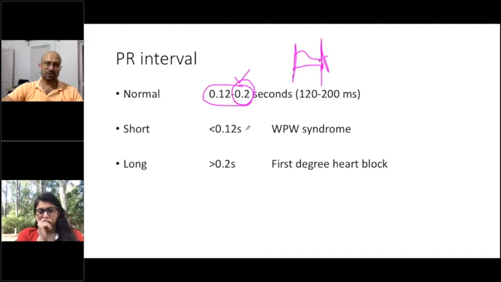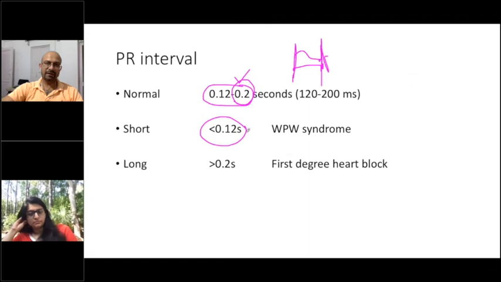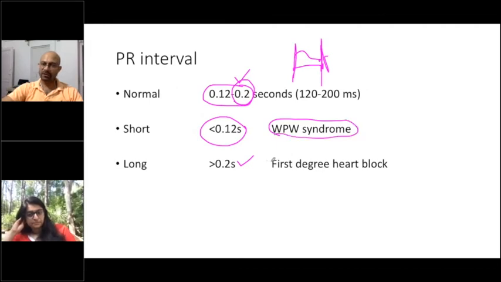So a normal PR interval should finish in one big square. A short PR interval is when it is less than 0.12 seconds, and a long PR interval is when it is longer than 0.2 seconds. If it is less than 0.12 seconds, an important consideration that we need to think about is the WPW syndrome. You can read more about what it is. That's one of the components.